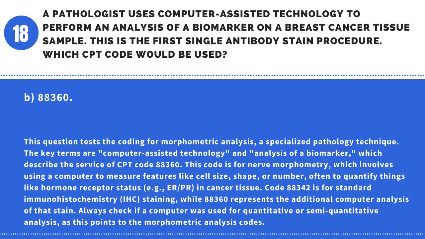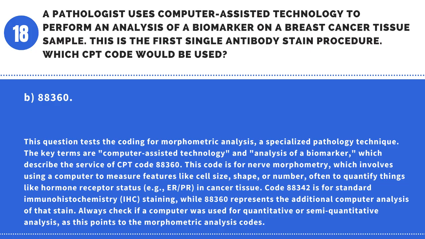Answer: B. 88360. This question tests the coding for morphometric analysis, a specialized pathology technique. The key terms are computer-assisted technology and analysis of a biomarker, which describe the service of CPT code 88360. This code is for morphometry, which involves using a computer to measure features like cell size, shape, or number, often to quantify things like hormone receptor status, e.g., ER/PR, in cancer tissue.